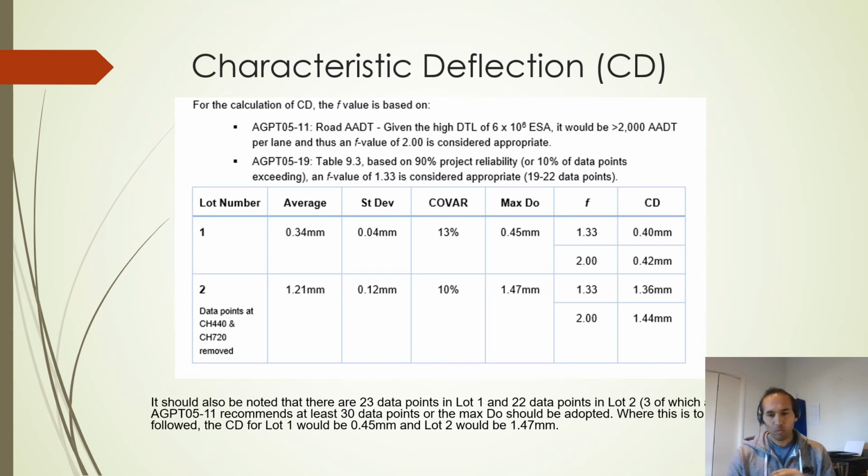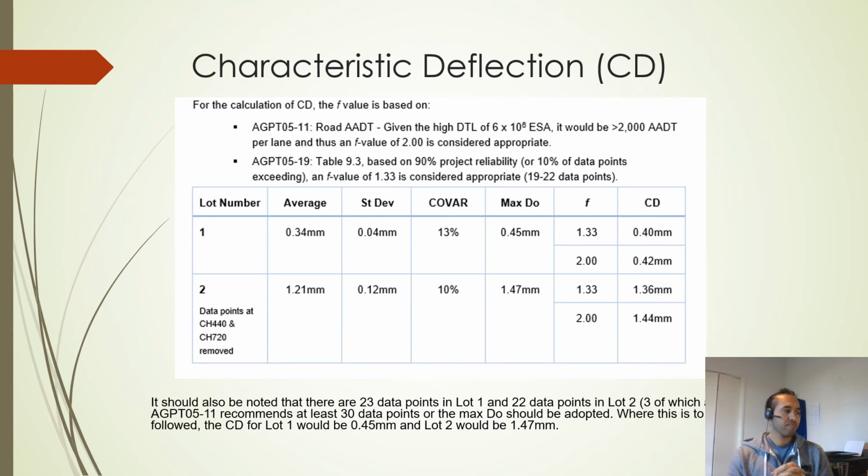However, Austroads Part 5 2019 says you can use 1.33 based on the number of deflections you have, which assumes a 90% project reliability across the board. Depending on whether we use 1.33 or 2, our characteristic deflection is 0.4 or 0.42, which is sufficiently less than that 0.9. It's strong.